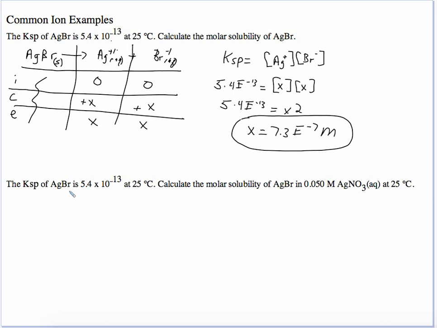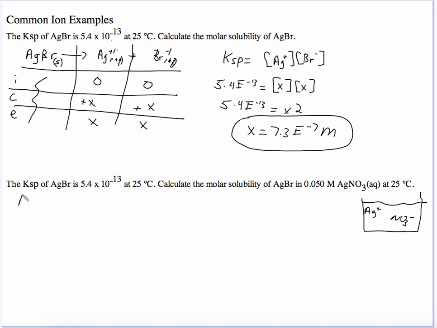Okay, now let's look at this one. It says calculate the molar solubility of silver bromide in 0.5 molar silver nitrate. So already in your solution, instead of just having pure water, there are silver ions and nitrate ions because it's a silver nitrate solution.